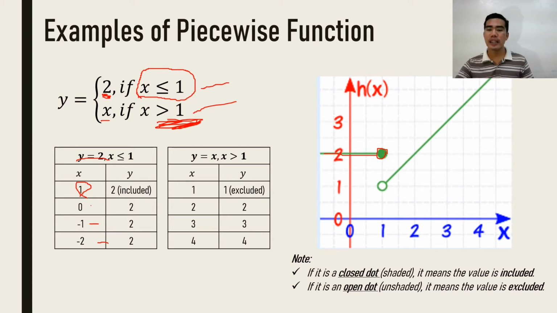Kaya wala siyang dot dapat. Sir, how to graph? You can use table of values actually. Diba? For us to graph, we will have table of values para ma-plot natin siya using the Cartesian plane. Diba? Tama? Junior high lesson. Okay? So, we will use table of values in graphing.